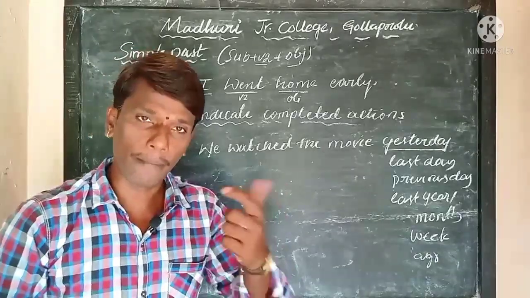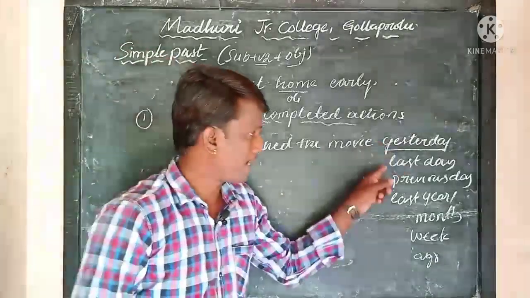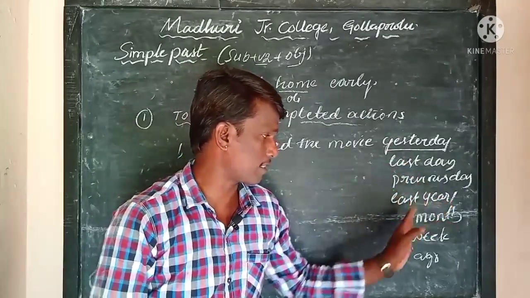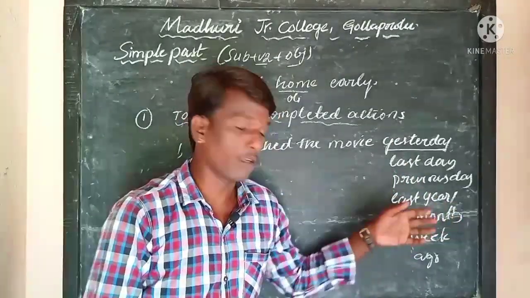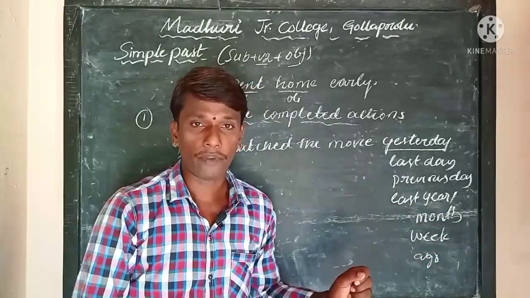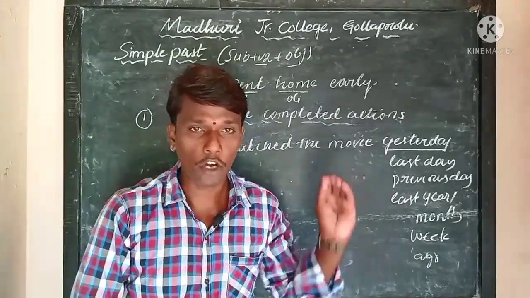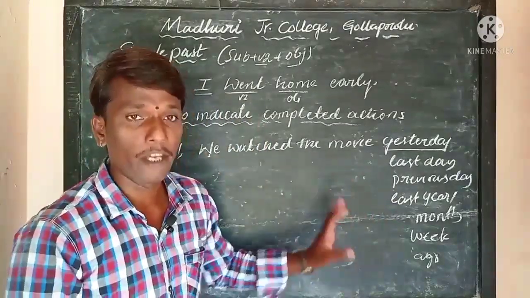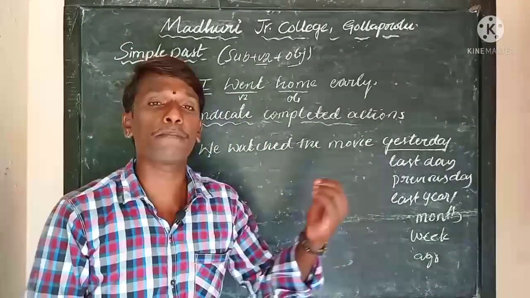So whenever you come across a sentence with adverbs of time like yesterday, last day, previous day, last year, last month, last week, 1 hour ago, 10 hours ago, a few minutes ago, all these come under the simple past tense. You can confirm them as simple past tense.